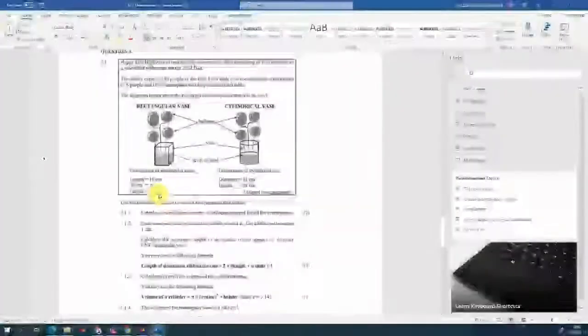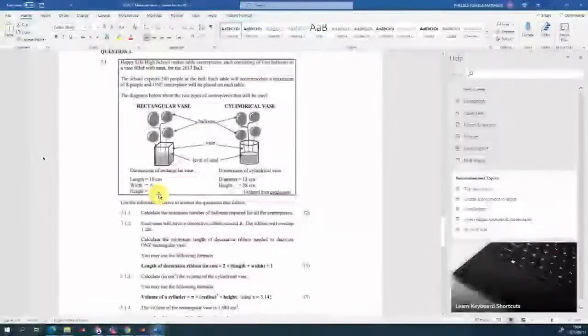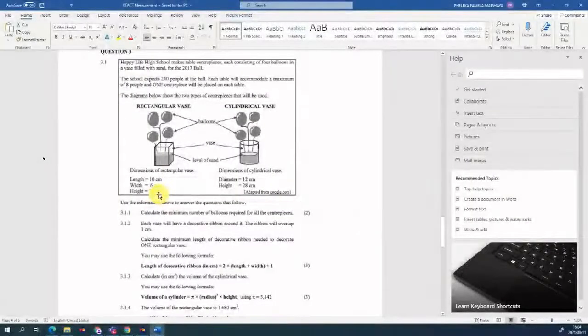I think we can quickly do the first one. Calculate the minimum number of balloons required for all the centerpieces. How many balloons will they need? Quickly, 2 minutes.